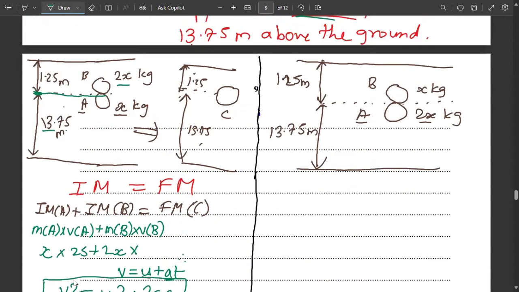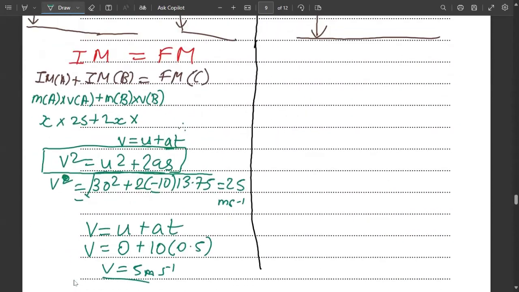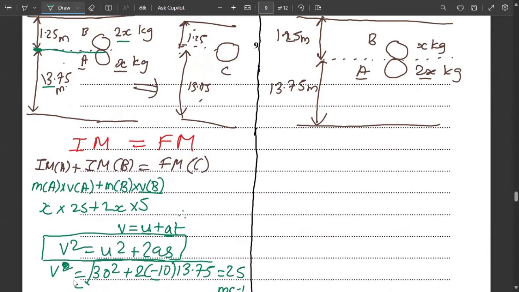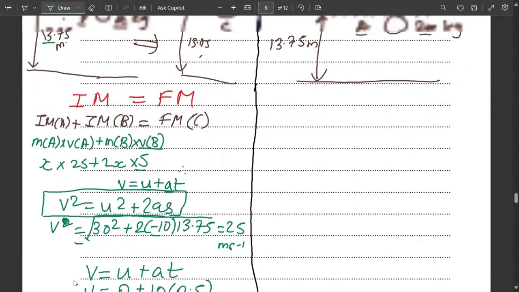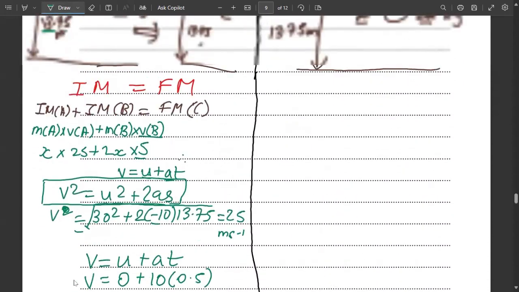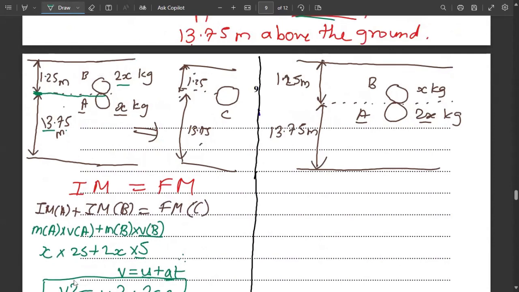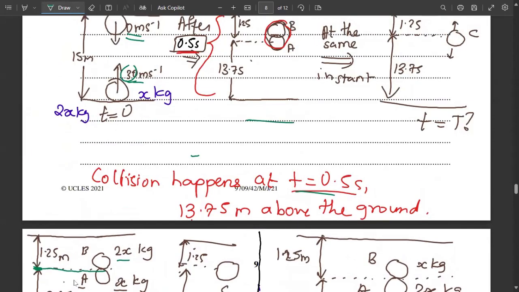That means velocity of B will be 5 meter per second. But now what you need to realize is 5 meter per second will be the downwards velocity of B because B is moving down. So if B starts from here, earlier it is 0 meter per second. As B comes a little down, as it reaches here, it will become 5 meter per second. But downward is negative.